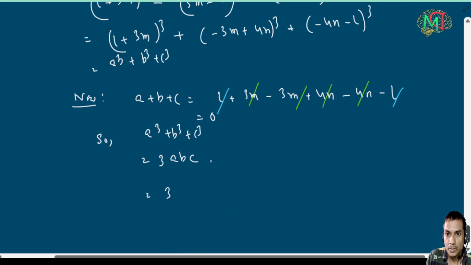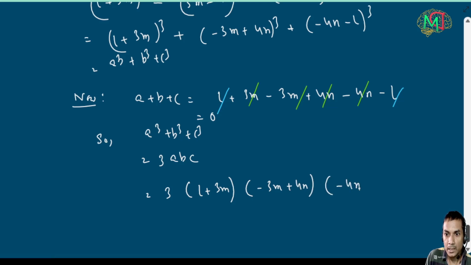So it will be what? The 3abc is now replaced with the values. A is equal to L plus 3m, b is equal to minus 3m plus 4n, and c is equal to minus 4n minus L. Clear?